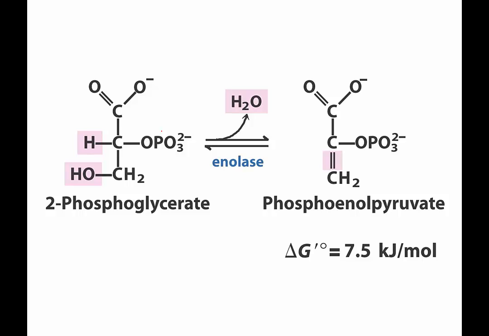But what this location of the phosphate does is it serves to stabilize what's going to form in the next step. Step 9 is a dehydration reaction.